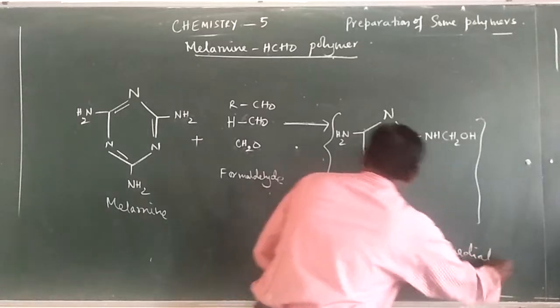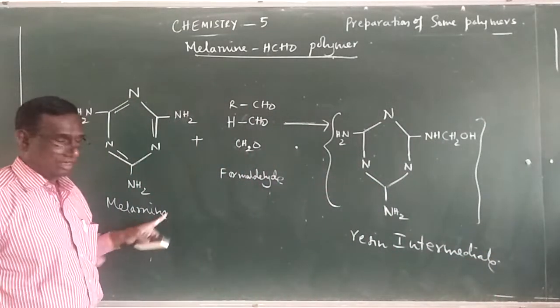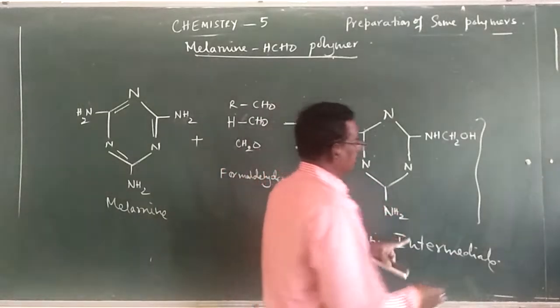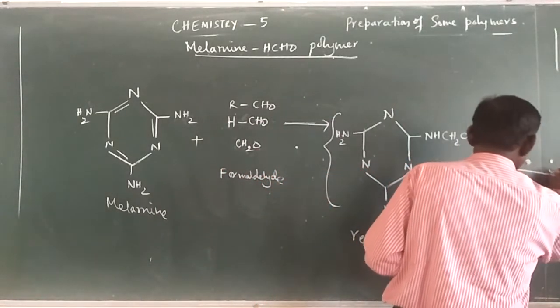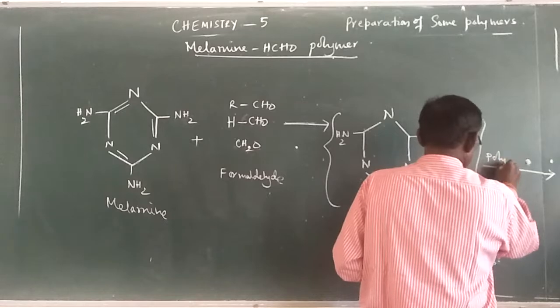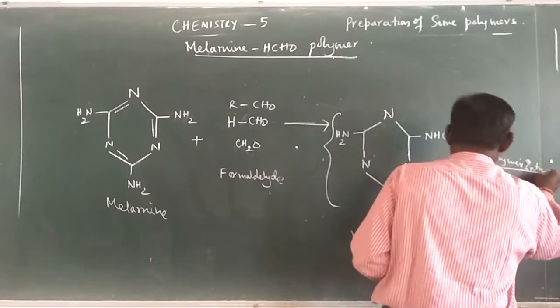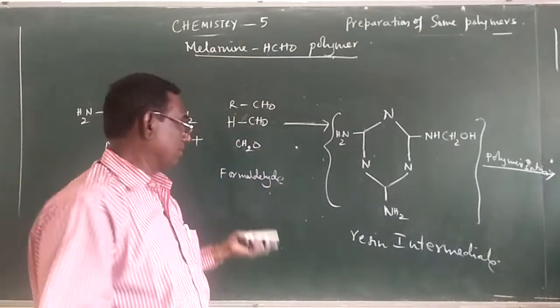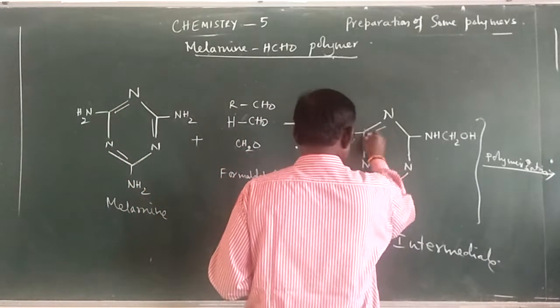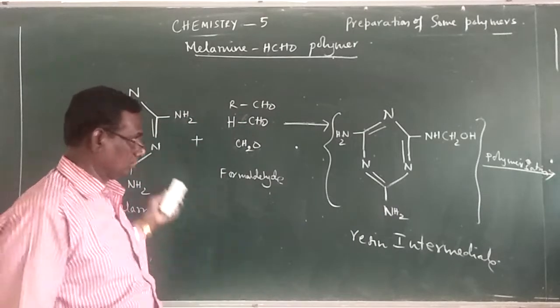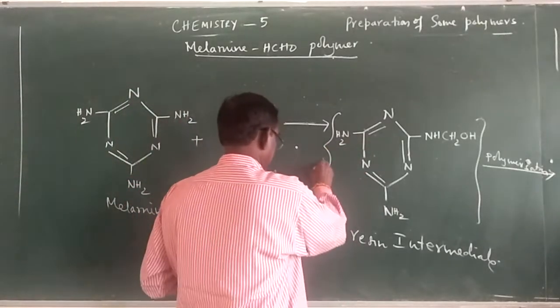So first melamine reacts with formaldehyde giving the resin intermediate. Now the resin intermediate will undergo polymerization, giving the melamine formaldehyde polymer. That means you have to write n molecules.